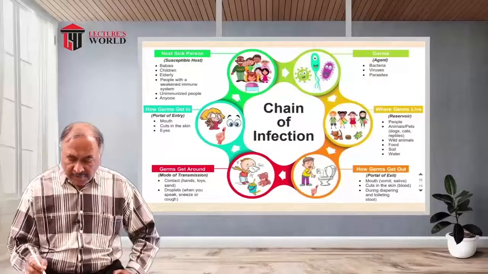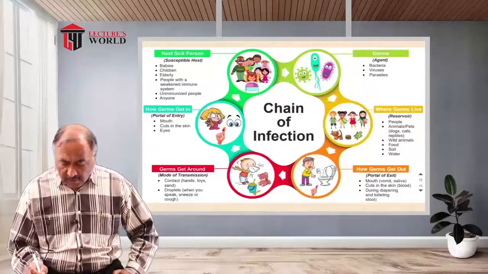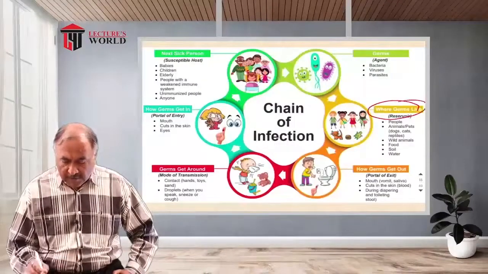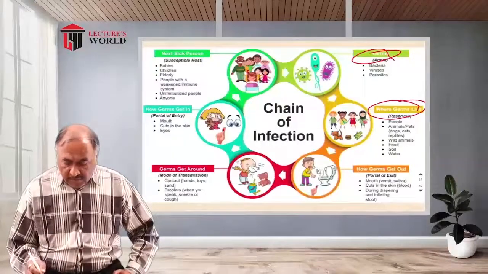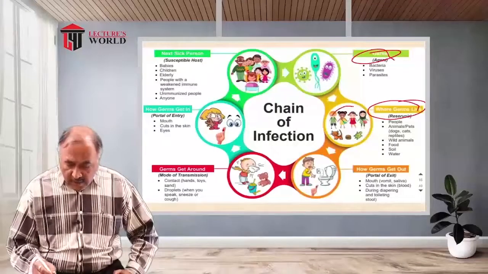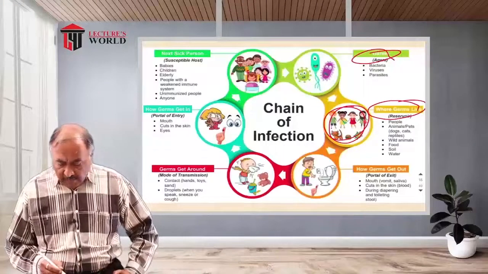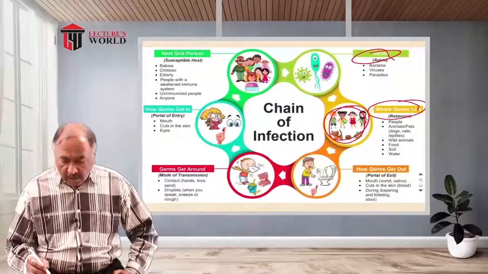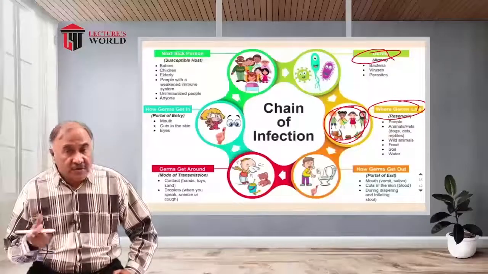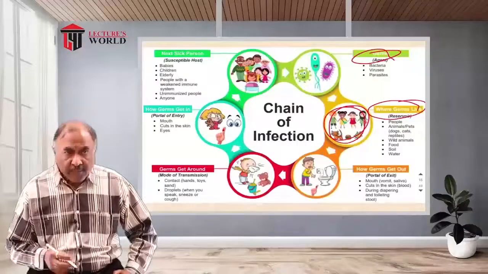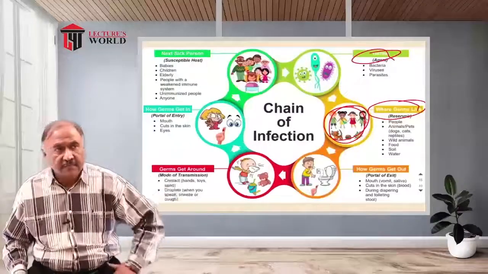Here, if we begin, then this is what the reservoir or the source is. The reservoir or the source can be any of these living individuals. From there, the organisms, or what we call pathogens or germs, would come out, and they would come out from the portal of exit.